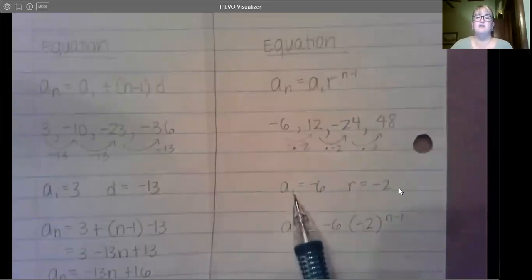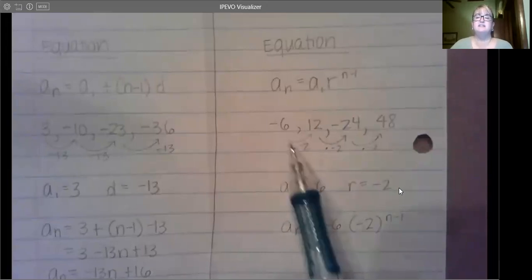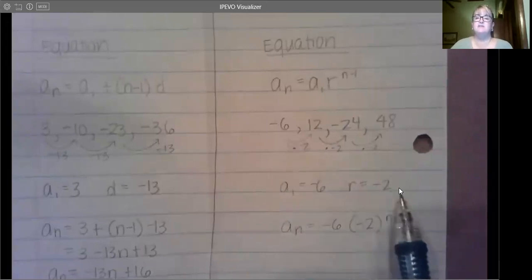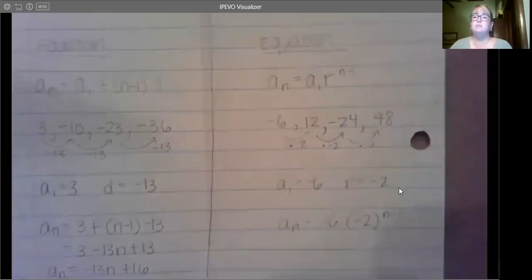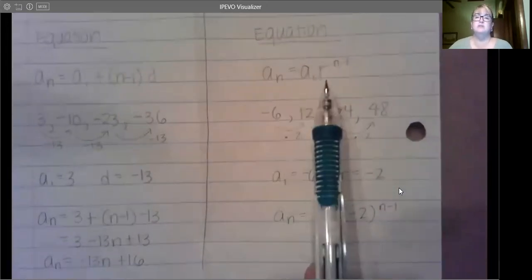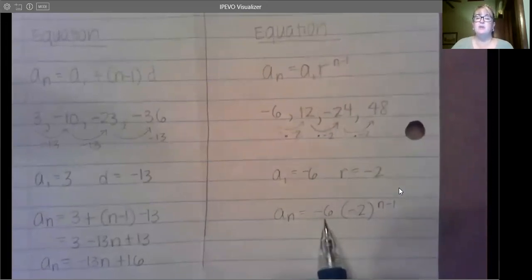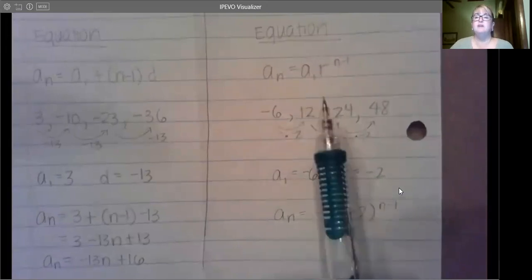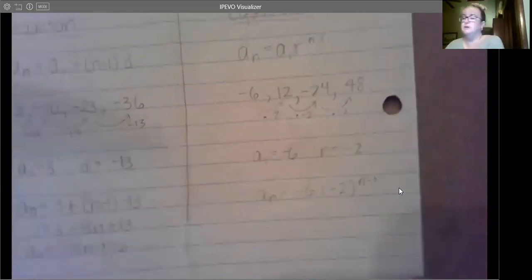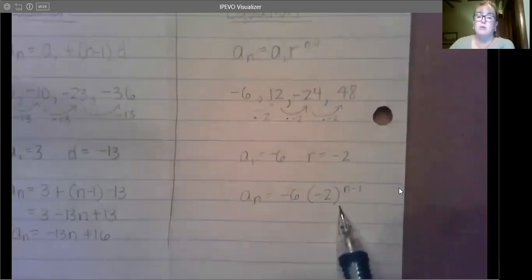A sub 1, our first term, is -6. The ratio is -2. So then we're going to put it in our equation. A sub n equals -6, which is a sub 1, times the common ratio, -2, to the n minus 1 power.